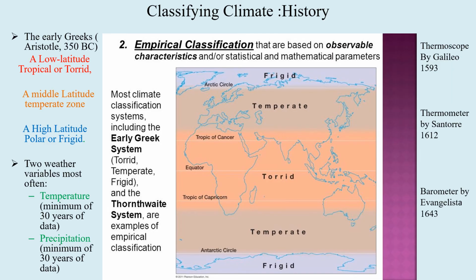If you look at the early climate history, Aristotle made our first climate classification, actually based on latitudinal position. He classified 3 regions: from the equator to the Tropic of Cancer, around the Tropic of Cancer and Tropic of Capricorn, that's the torrid region, the warm region; from there to here, temperate; and in the higher polar latitudes, he called it frigid.